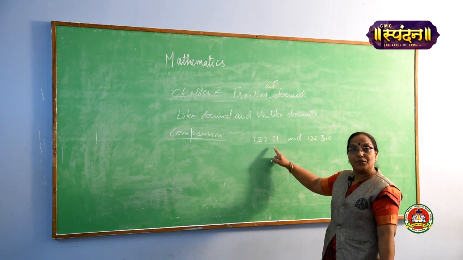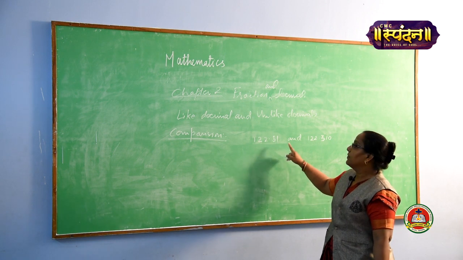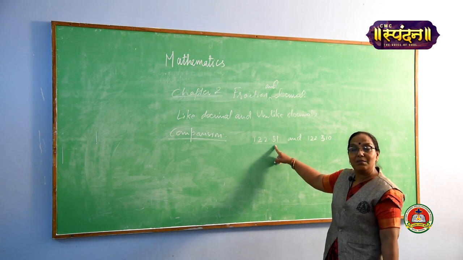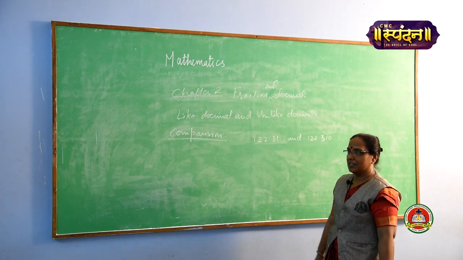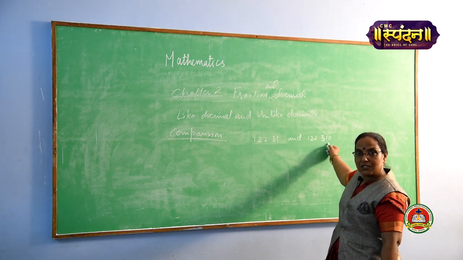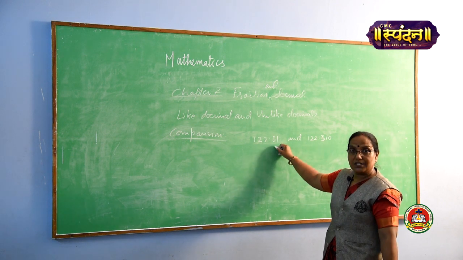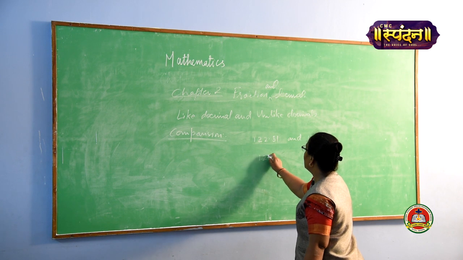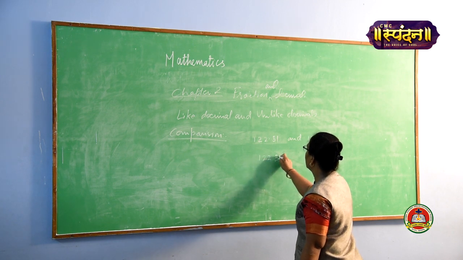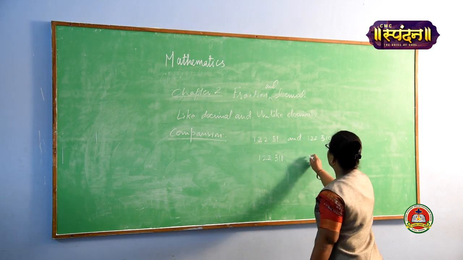Why? Before giving the answer, we have to check whether the decimal parts of the numbers are the same or not. That means the number of digits. Here we have a total of 3 digits, here only 2 digits. So, we need to make 3 digits here. So, we will write 122.310, and here it is already 122.310.